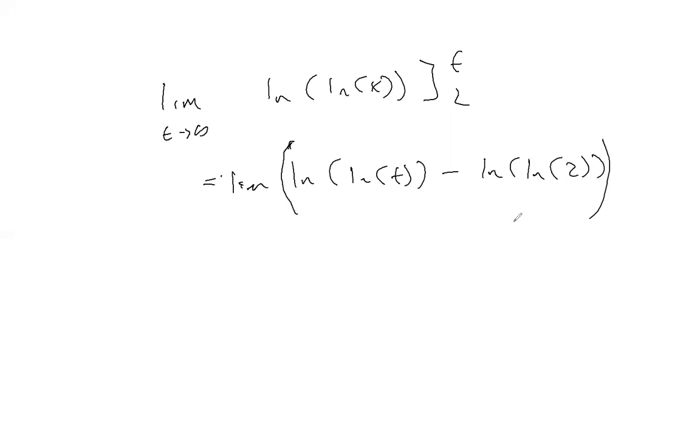So we have a finite value here. And then, what's going on here? As t gets really big, ln of t should get really big, and then the ln of that should also be getting big. Maybe it's getting big very slowly, but this should go up to infinity. So the limit is infinity. My improper integral diverges, so my series diverges.